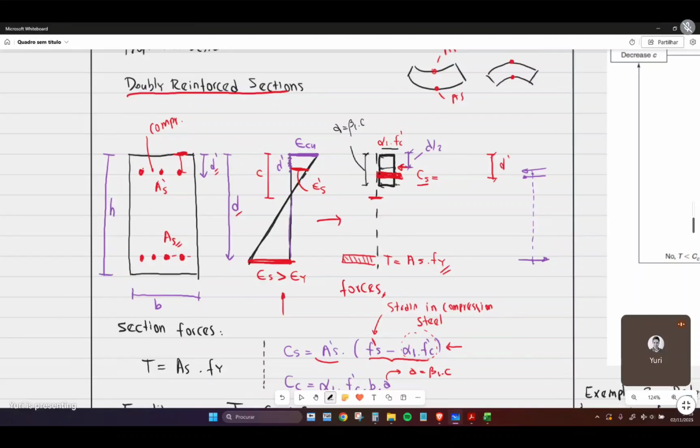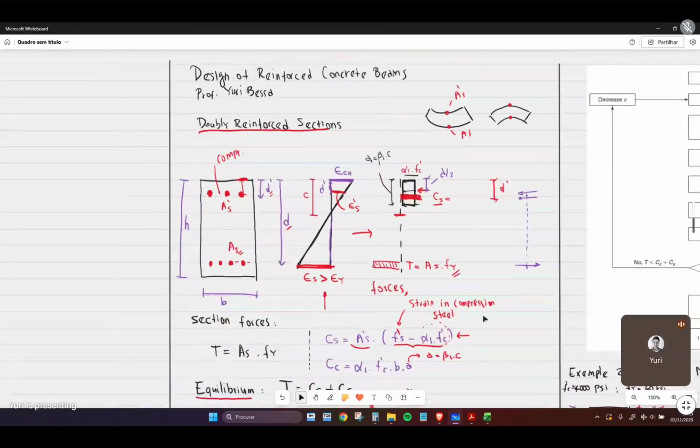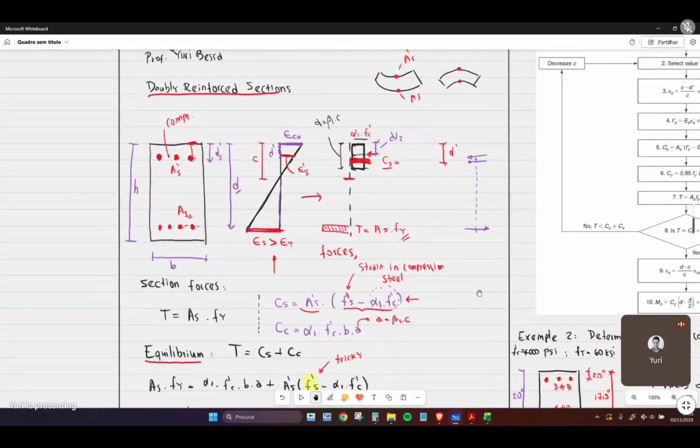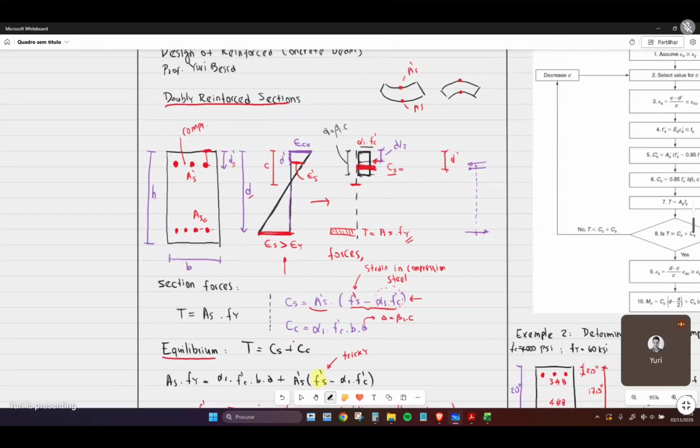Physically, what it does is the compressive reinforcement takes part of the stress that is upholding that face. So it's defined by this. And the compressive force of concrete is what we saw in the previous lesson. So it's going to be Cc, which is the stress block multiplied by the volume of the stress block.